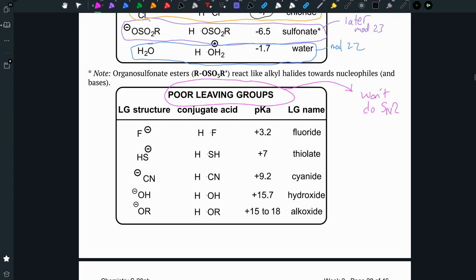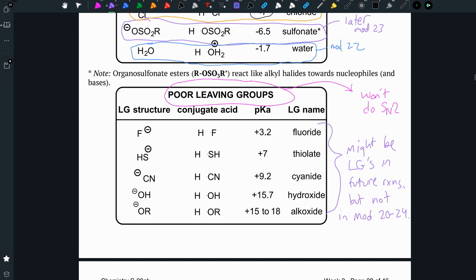You might see them act as leaving groups in future reactions, but those will not come up now. They might be leaving groups in future reactions, but not in modules 20 to 24.